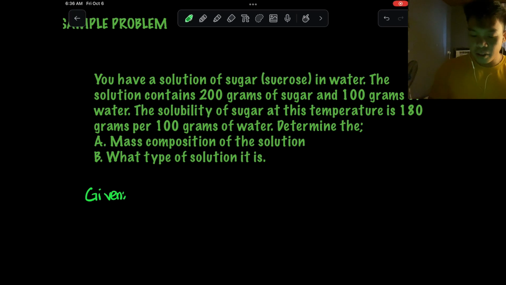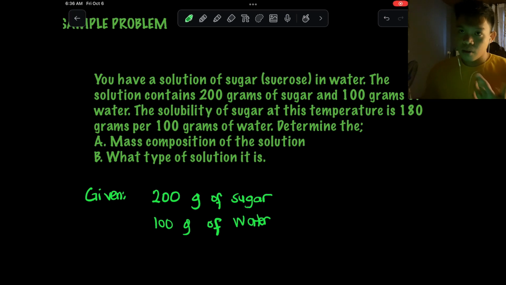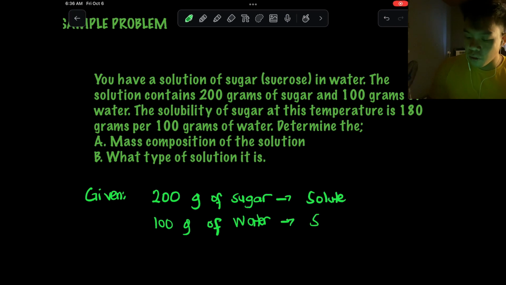Since a solution is composed of two components, we need to determine which of them is the solute and the solvent. Sugar, of course, is the solute, and water is the universal solvent.